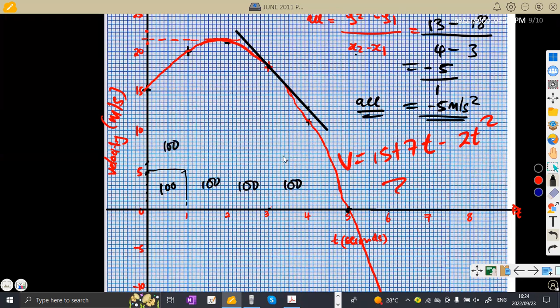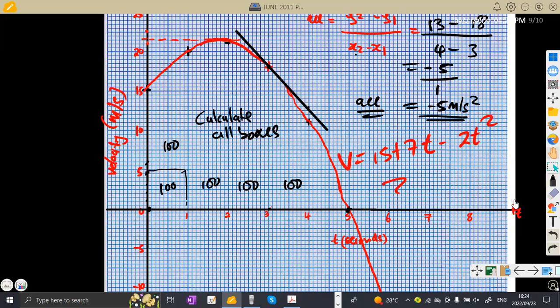You calculate everything there. So calculate all the boxes from 0 up to 5 under the graph. This is your graph, under this graph is where you're going to calculate them.